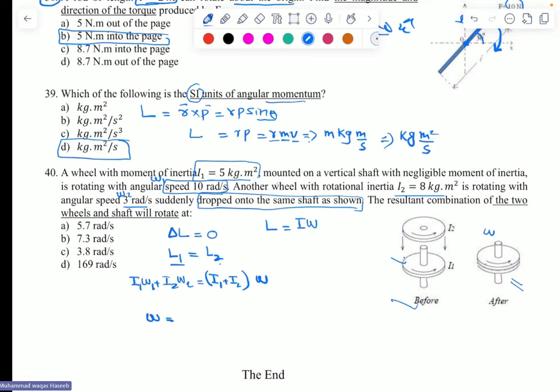So we find omega equals I1 omega 1 plus I2 omega 2 over I1 plus I2. We just need to substitute the values, and we get 5.7 radian per second.